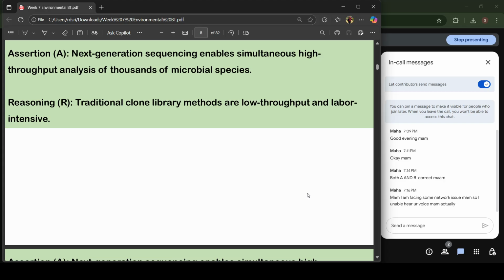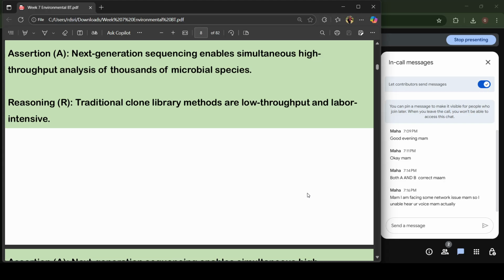So the first statement is right. Next generation sequencing enables simultaneous high throughput analysis of thousands of microbial species, and that is true. The reason is traditional clone library methods are low throughput and labor intensive. That is also true. The traditional method includes Sanger sequencing, in which the sequencing happens base pair by base pair.